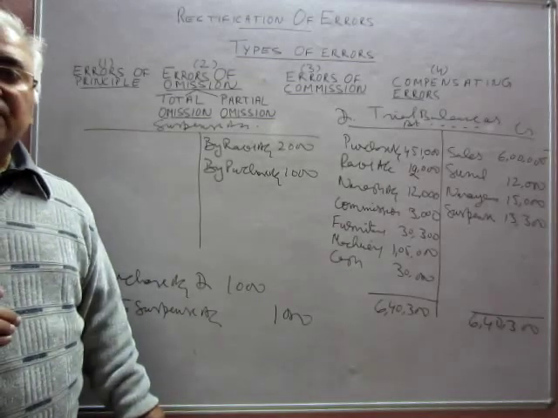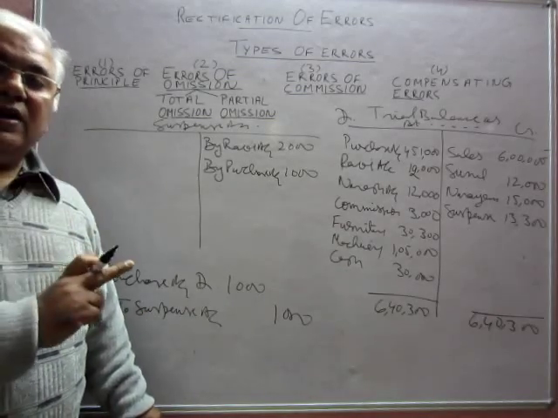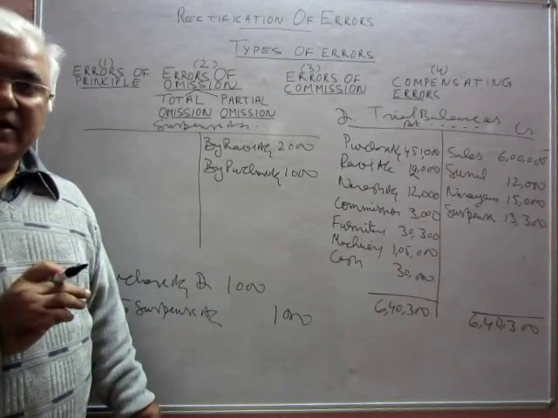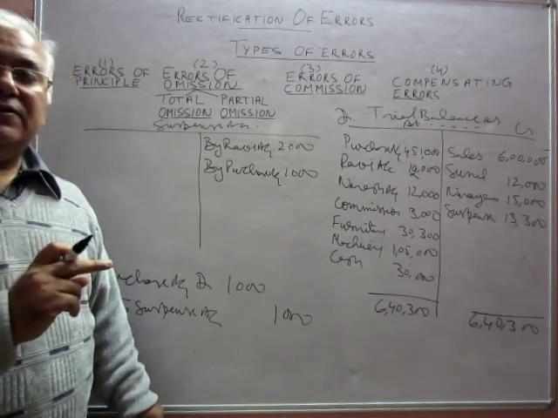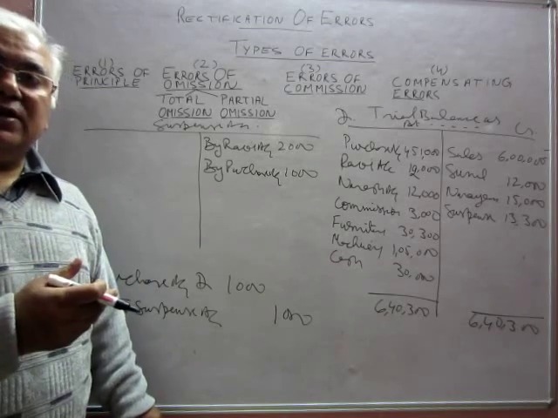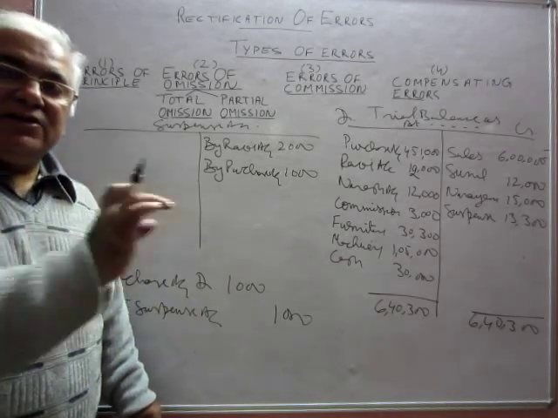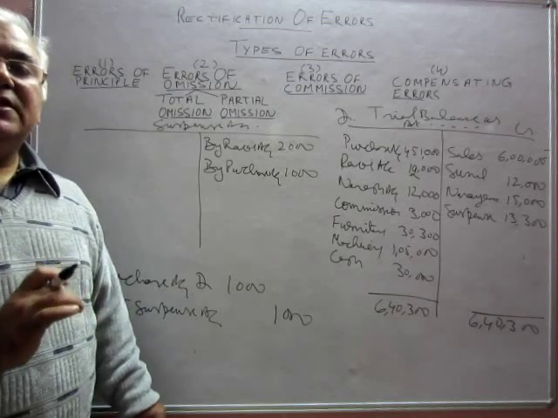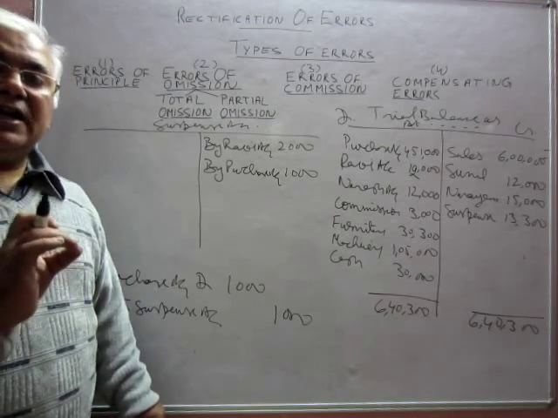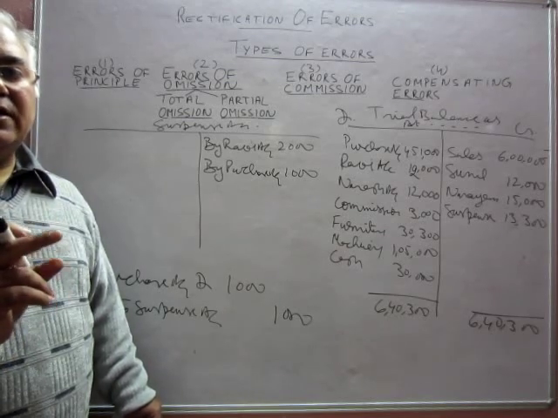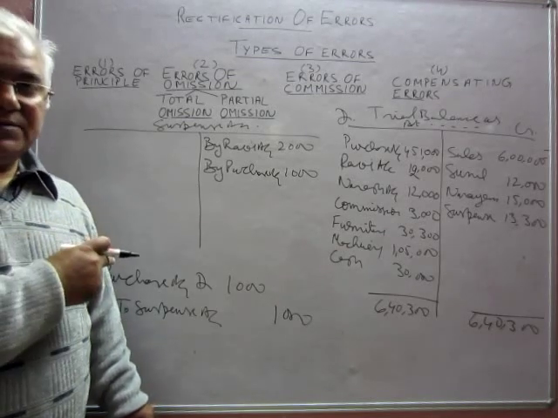So what shall we do? First, to offset the wrong debit of 3,000, we must credit him with 3,000. Then the rightful credit, since he has supplied goods to us, another credit of 3,000 we must give to him. In a nutshell, we shall credit Sunil by 6,000 and the corresponding debit will go to suspense account.